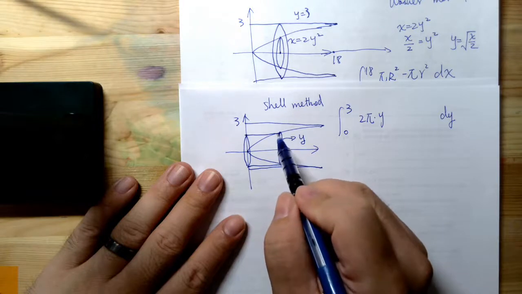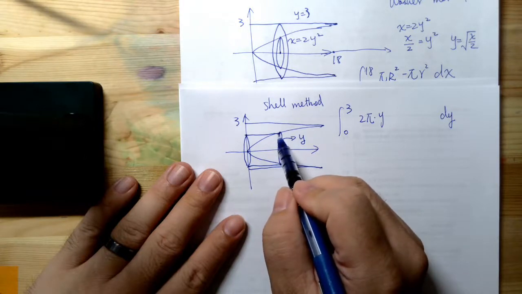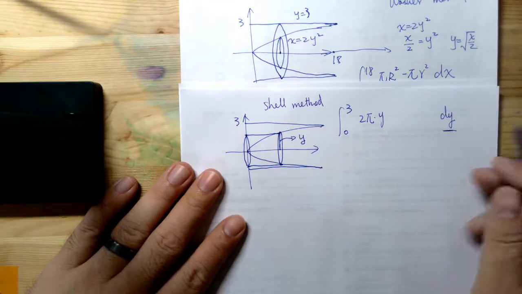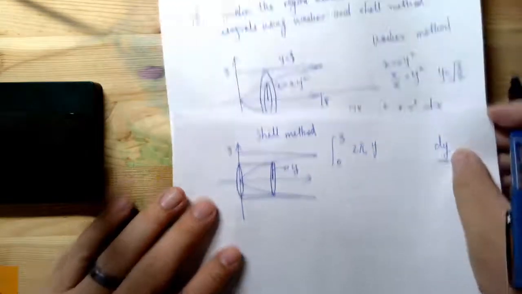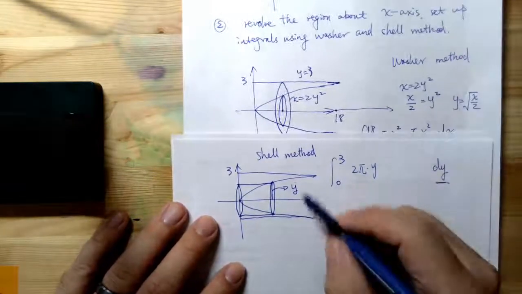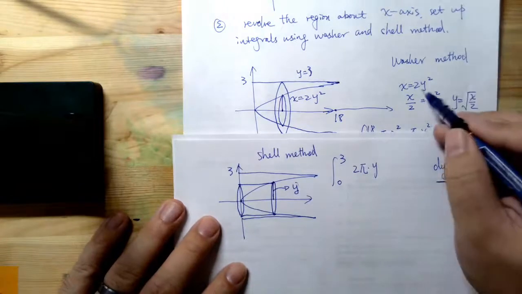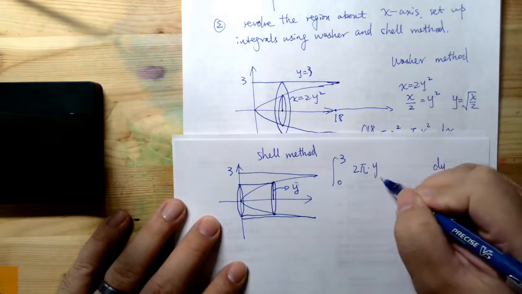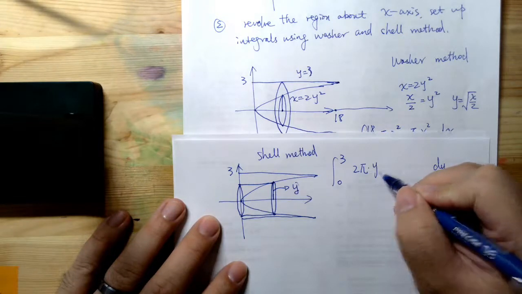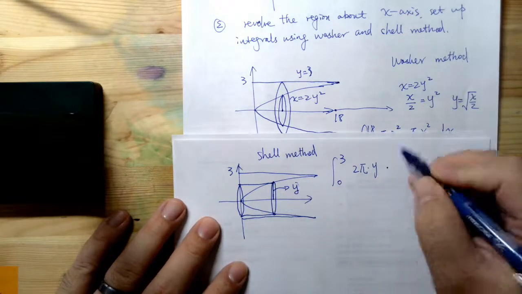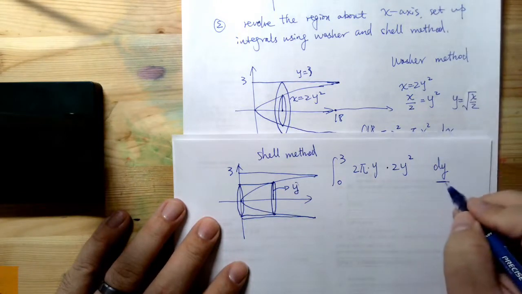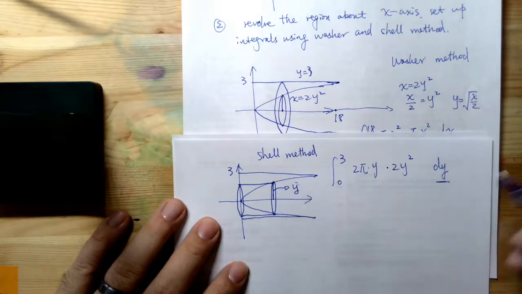And I need to write x in terms of y, because my integral is all about y. And we get the perfect setting, because remember, this curve is x equals 2y squared. So 2 pi times y gives us the circumference, times the height, which is 2y squared, times dy, which is the thickness of the shell.